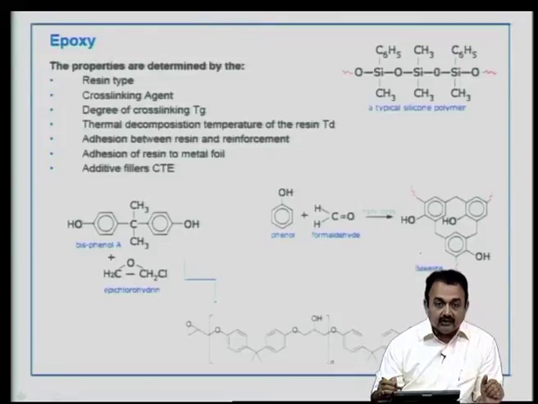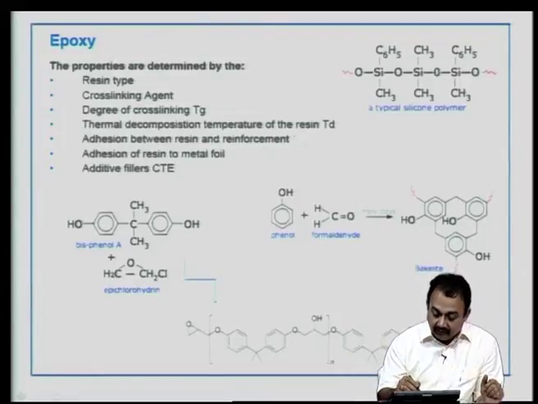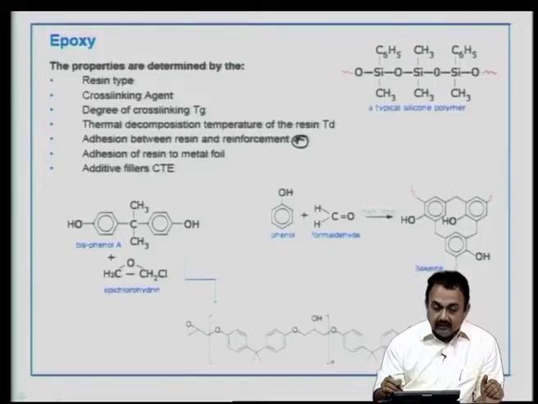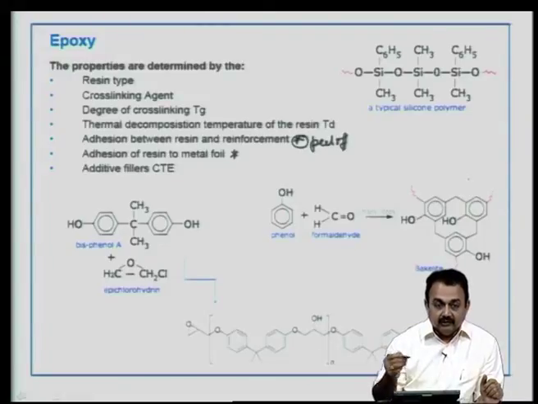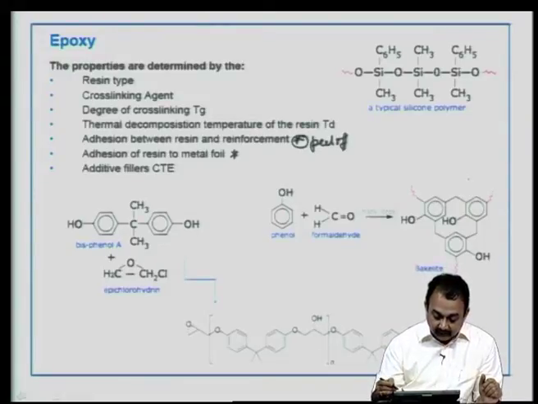Adhesion between resin and the reinforcement, I told you, is very important, because once again if there is a peel off, then your board is not reliable. Adhesion of resin to metal foil is also very important.